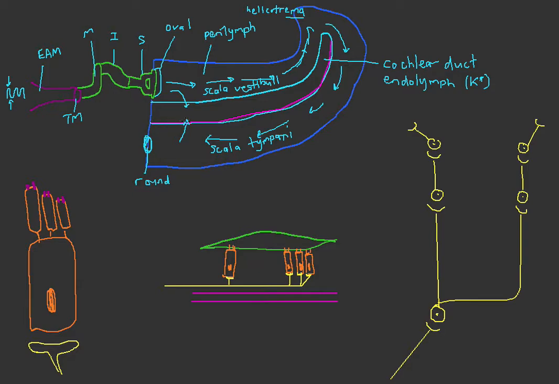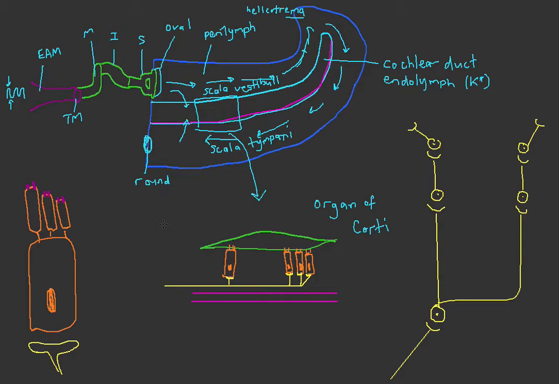And I have this little pink line running through the bottom of the cochlear duct, and if we zoom in to, say, a region right around here of the cochlear duct, we're going to get a nice zoom in of the organ of Corti. So that's what this is.